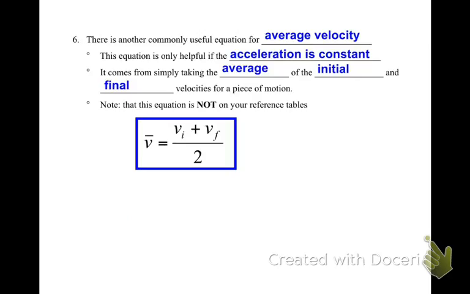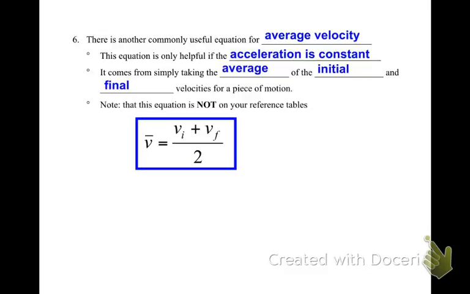There's another commonly used equation for average velocity. This is one that you have used over years and years to solve for the average of something. The equation is only helpful if the acceleration is constant. Basically, you take the average of the initial velocity and the final velocity, so you'll have your initial velocity plus your final velocity over 2.